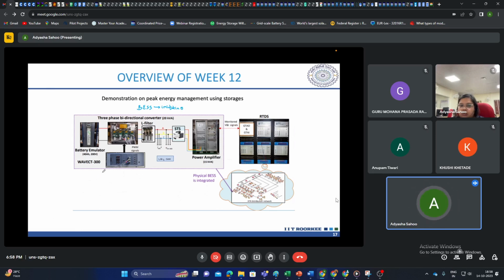So using these power amplifiers, filters, and battery emulators, this is acting as a battery energy storage, which is being deployed at one of the locations of this distribution system. And this is again burned in this RTDS, and these are monitored using this RTDS, using voltage and current signals basically.